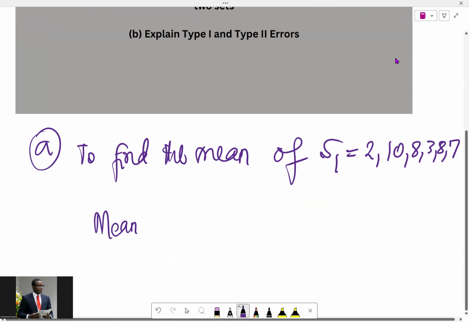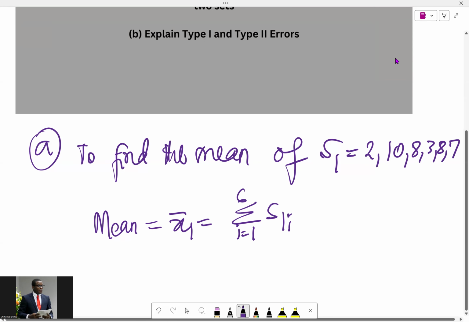The mean, which we can call X bar, is the summation. Since we are going to be looking for many means, let's do X1 here. That is the summation of S1i from i equals 1 to the last one. There are six of them, so from i equals 1 to i equals 6.